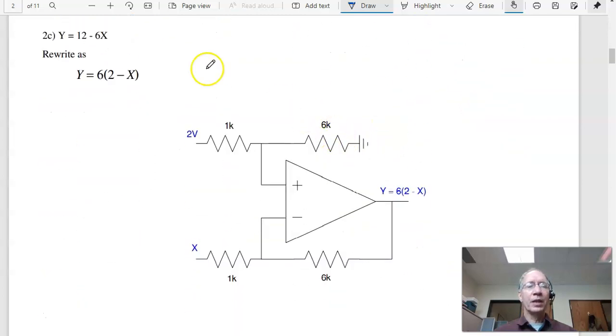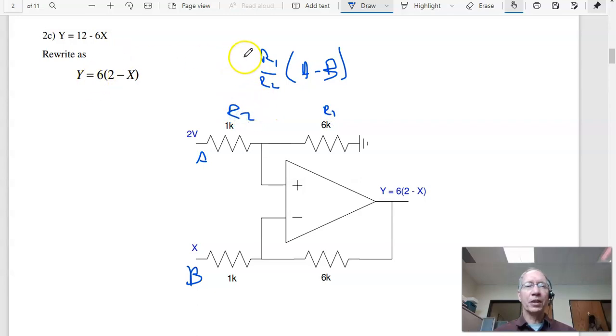Problem 3, build a circuit where the gain is 12 minus 6x. To do that, I rewrite that as 6 times (2 minus x). This amplifier has a gain of R1 over R2 times (A minus B), where this is A, there's B, there's R1, R2.